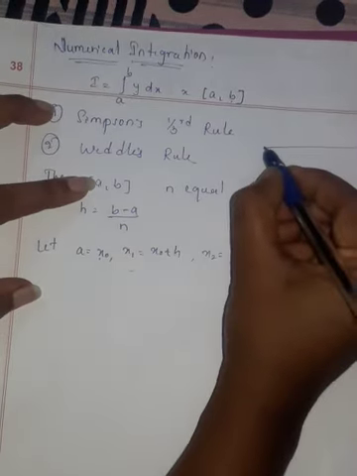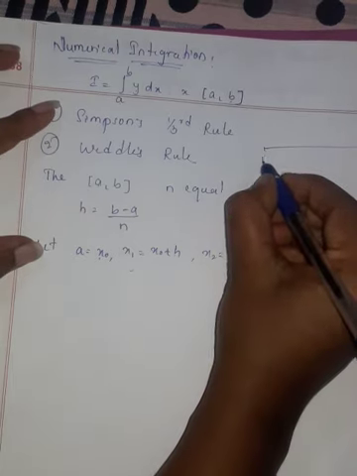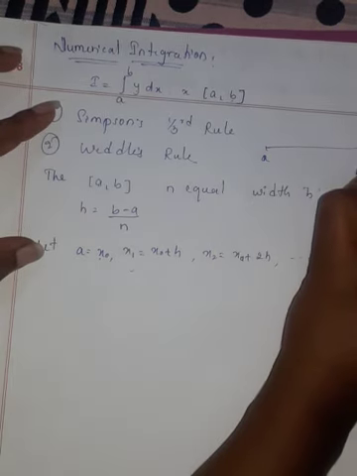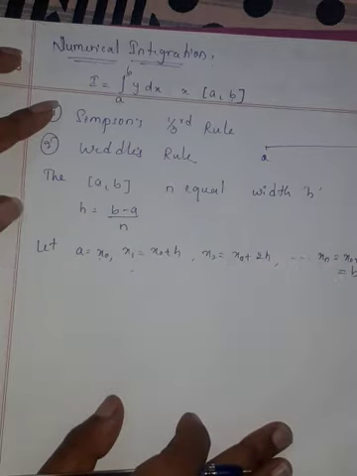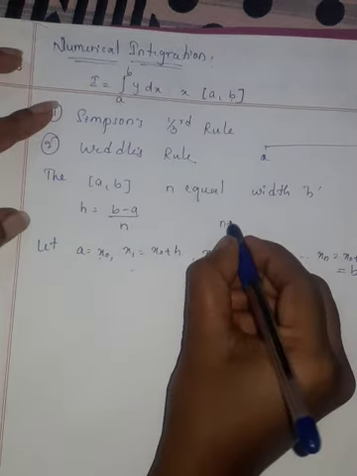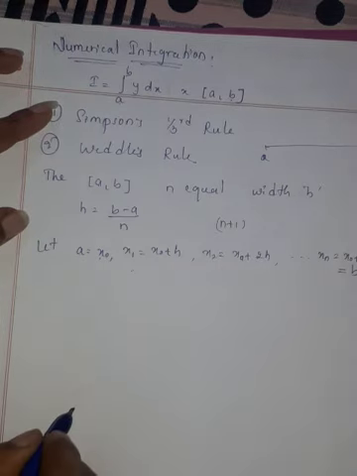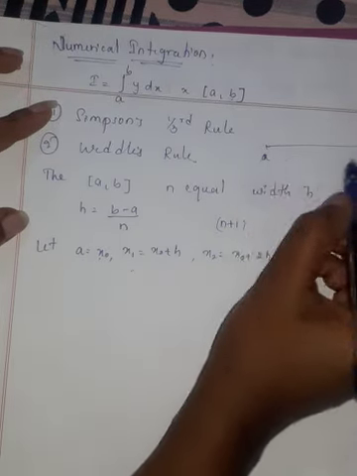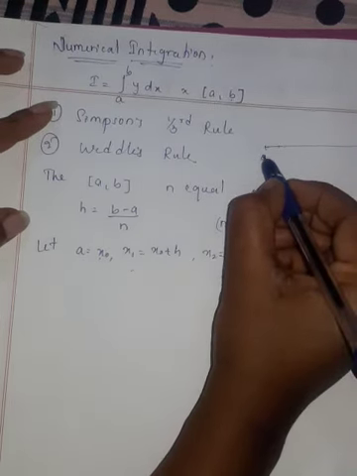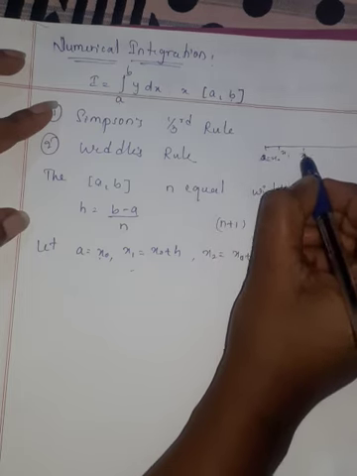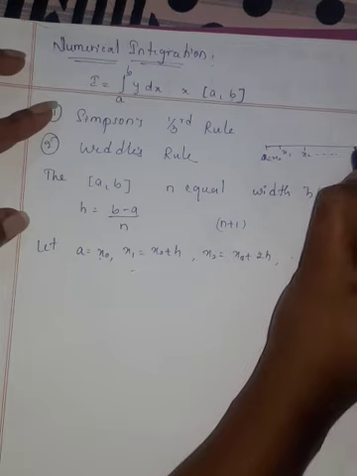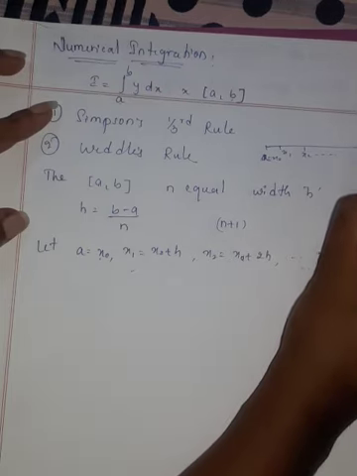So we divide our interval into n parts. If you divide this interval into n parts, then you will get n plus 1 points. First a is taken as x naught, next is x1, x2 and so on up to b, which is nothing but xn.